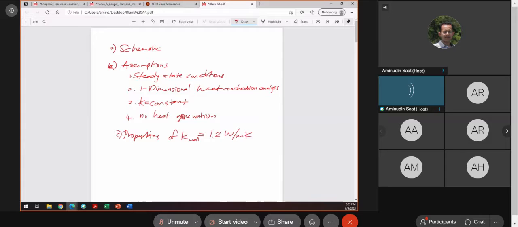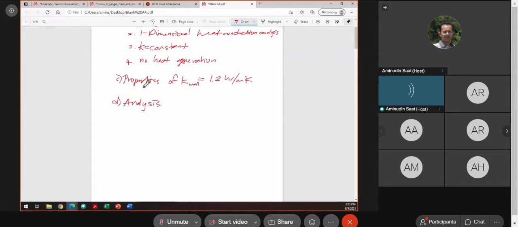Then the next one, you need to do the analysis. In order to start the analysis, you should start with the general heat conduction equation.